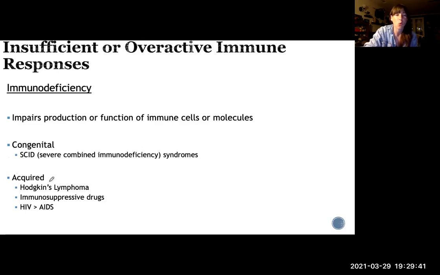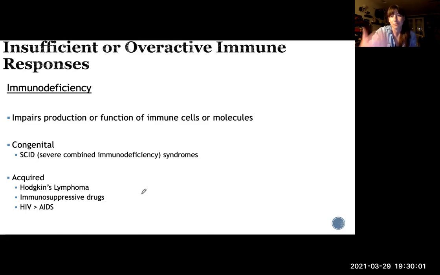You can also have acquired immunodeficiency disorders. Hodgkin's lymphoma, a type of cancer of the lymphatic system, can destroy your lymph nodes and cause problems with their function, therefore the immune cells inside of them. Immunosuppressive drugs.